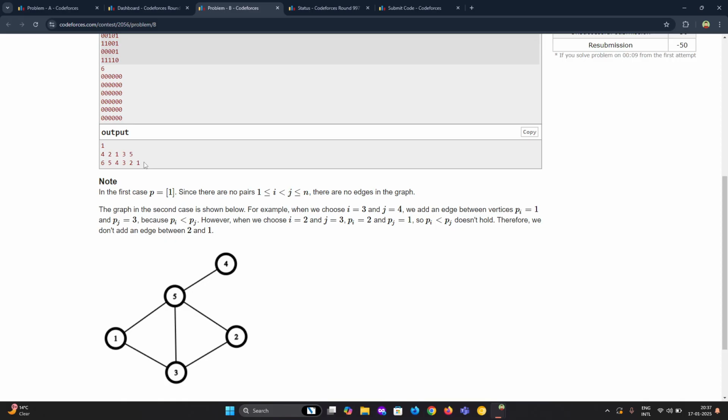Because 41235 would mean that 1 and 2 are connected, and that would increase the count of both of them.